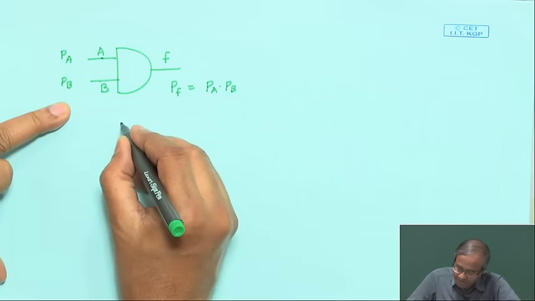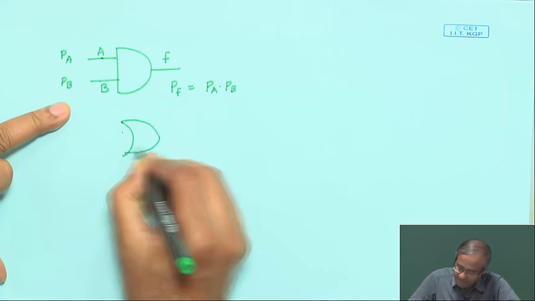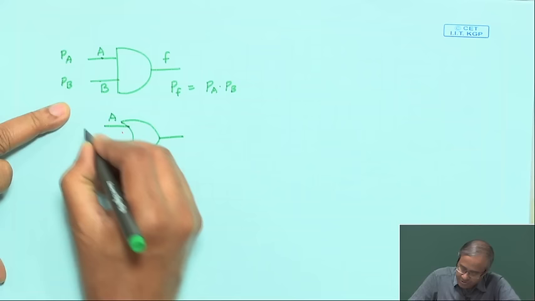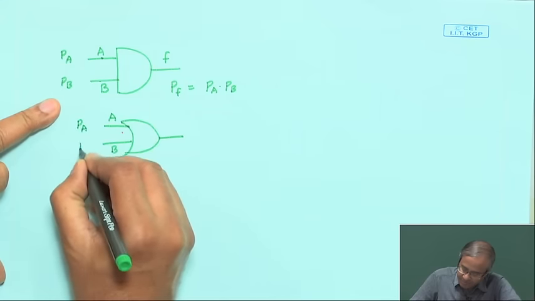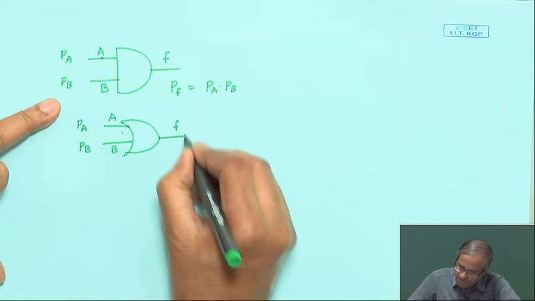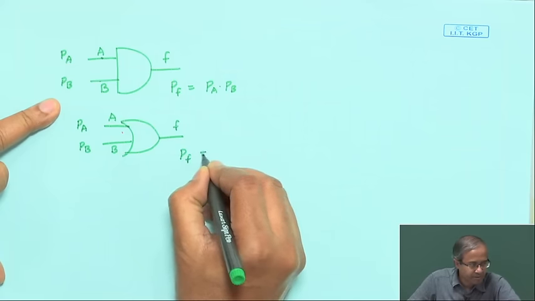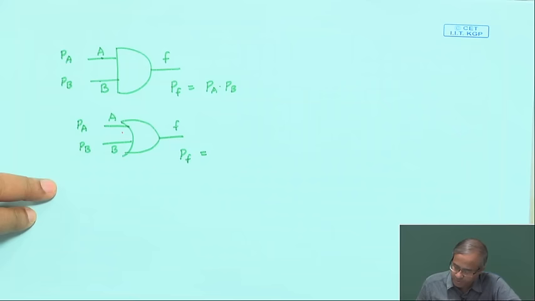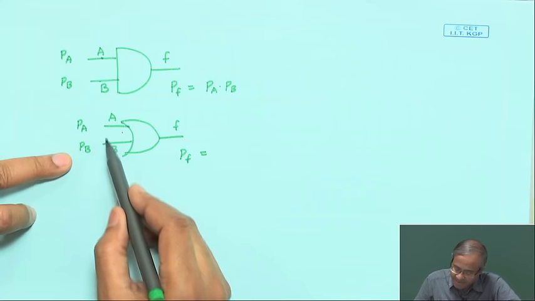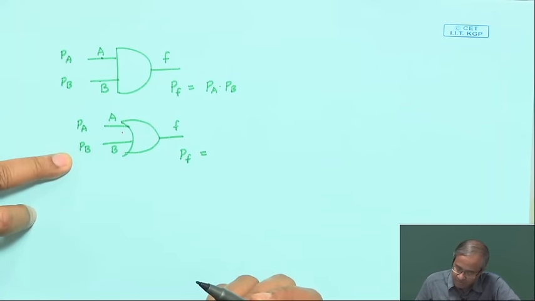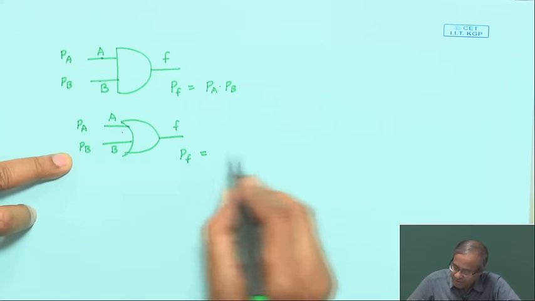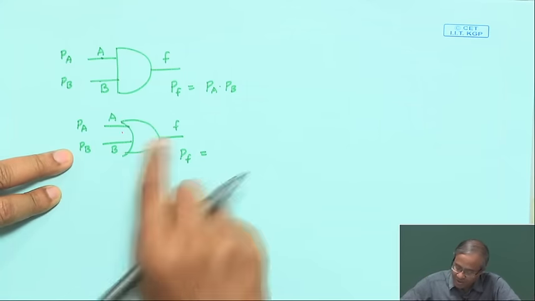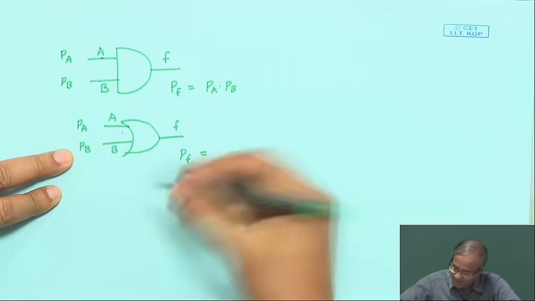right. Similarly, if you look at an OR gate, same way, 2 inputs, the signal probabilities are Pa and Pb. So, what will be Pf here? See, for an OR gate, when will the output be 1? Well, the rule is at least one of the inputs is 1, but it is difficult to write down probability that way. It is easier to write the probability when the output will be 0, let us see that way indirectly.